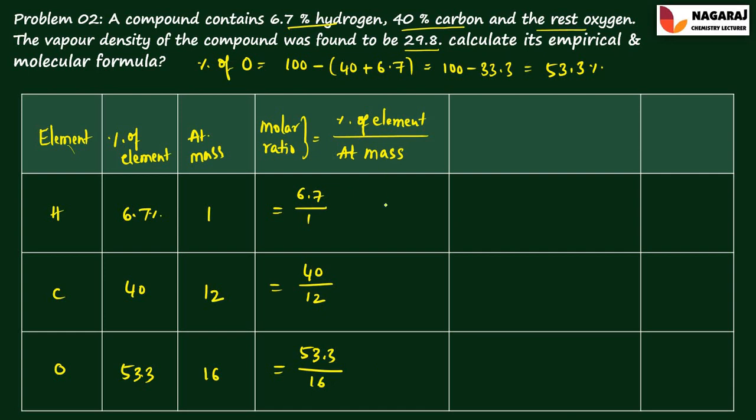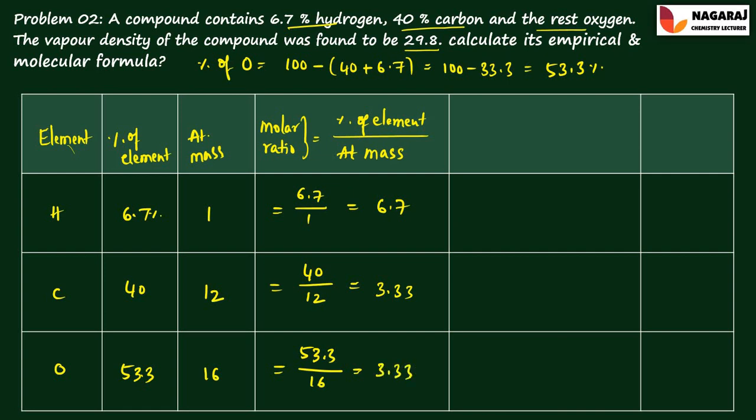On simplification, 6.7 divided by 1 is 6.7, for carbon 40 divided by 12 is 3.33, and for oxygen 53.3 divided by 16 is 3.33.